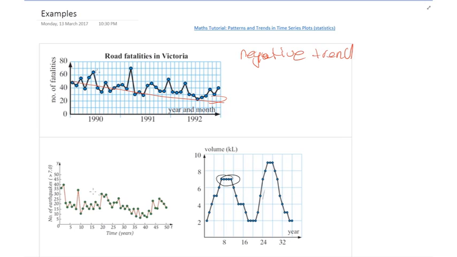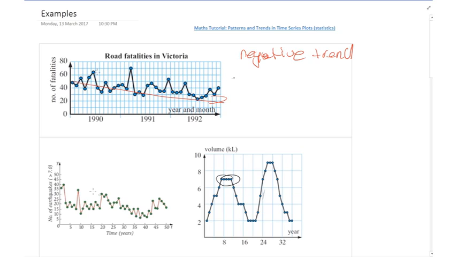You wouldn't think a road fatality would have any seasonality, because it usually doesn't work like that. Looking through the plot there, you're not really seeing any seasonality. You're not seeing any cyclic nature. Yes, there are some peaks and troughs going on, but there's no pattern to that variation.